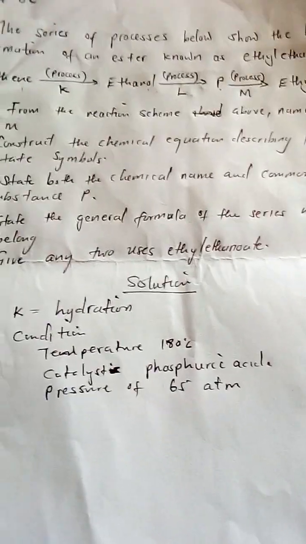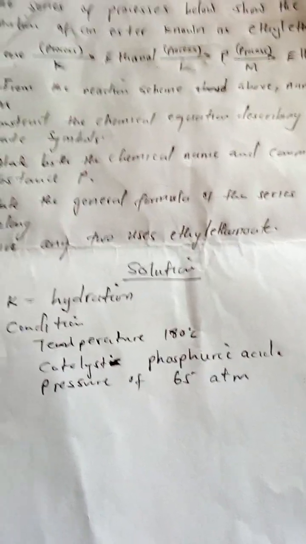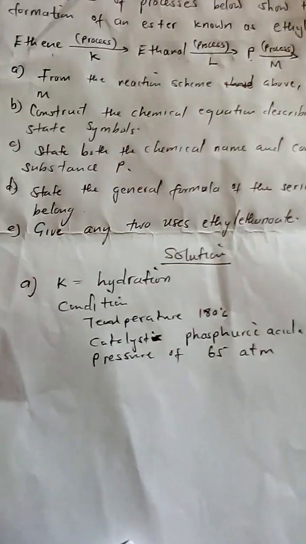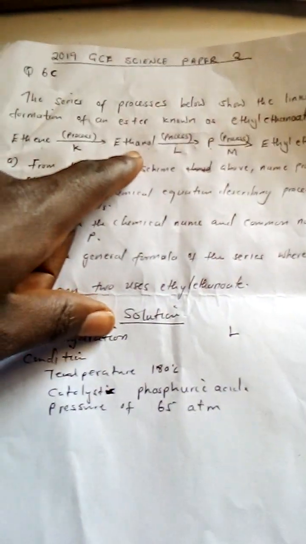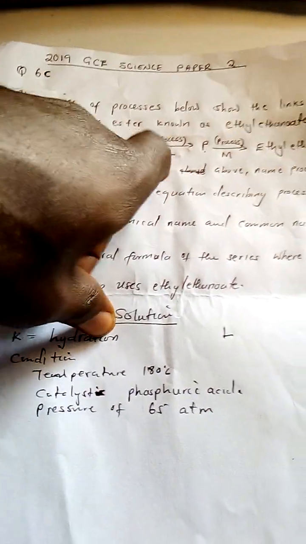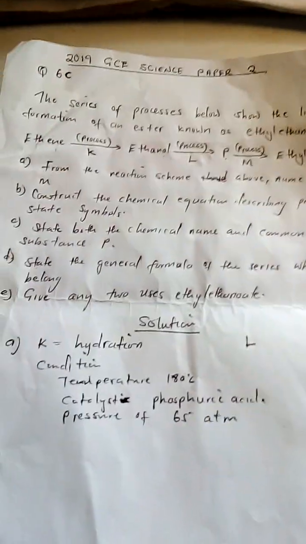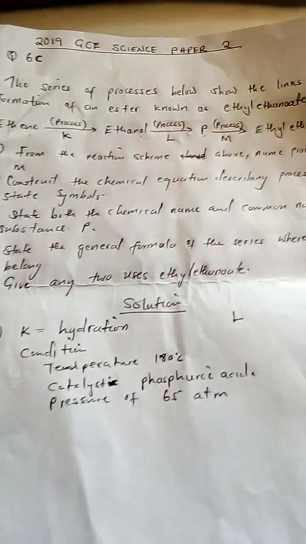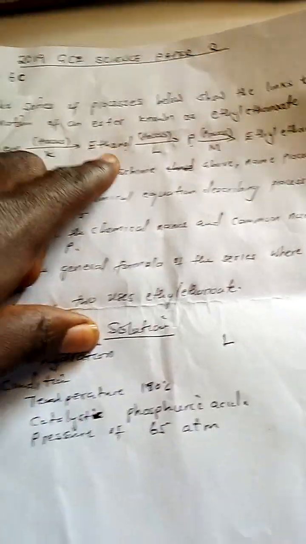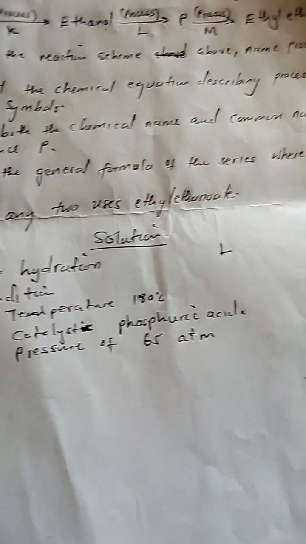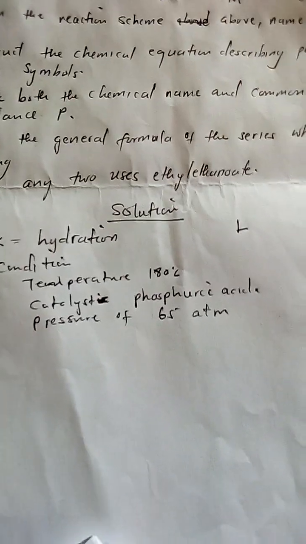Now we go to process L. What is process L? Process L is from an alcohol to substance P. So what is substance P? When we leave an alcohol open, oxygen reacts with that alcohol.